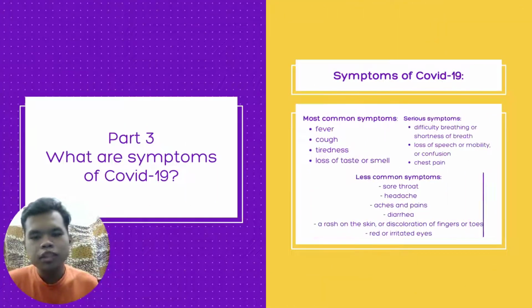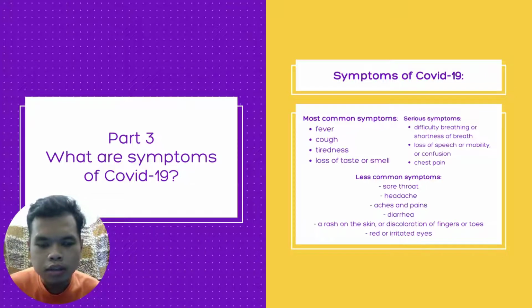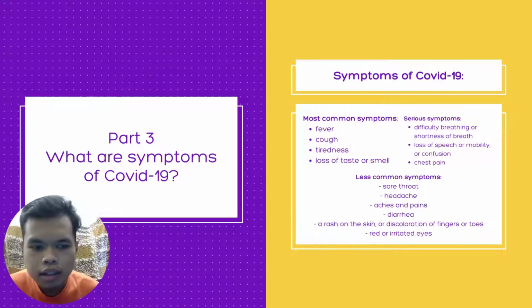There are many symptoms of COVID-19: the most common symptoms, less common symptoms, and serious symptoms. The most common symptoms are fever, cough, tiredness, and loss of taste or smell. The less common symptoms are sore throat, headache, aches and pains, diarrhea, rash on the skin or discoloration of fingers or toes, and red or irritated eyes.